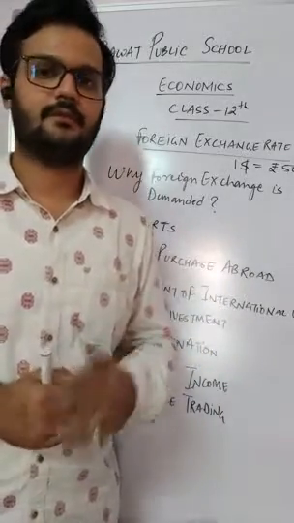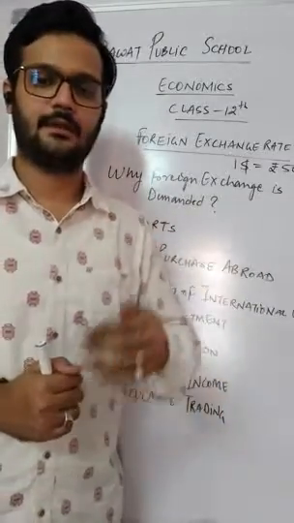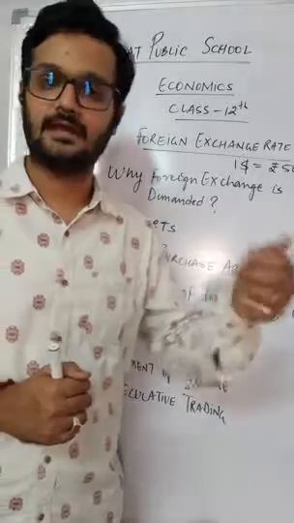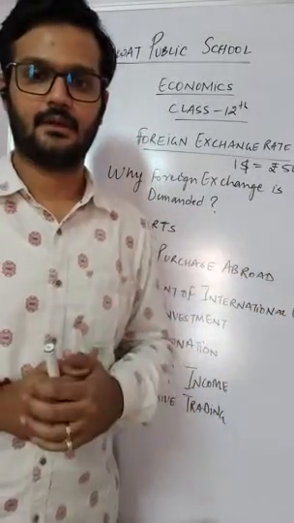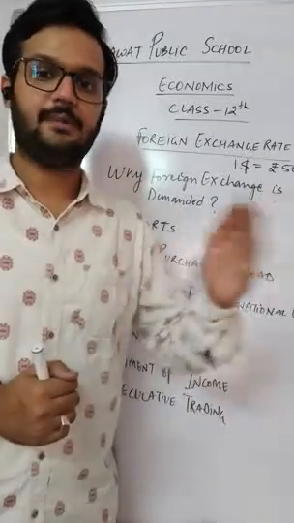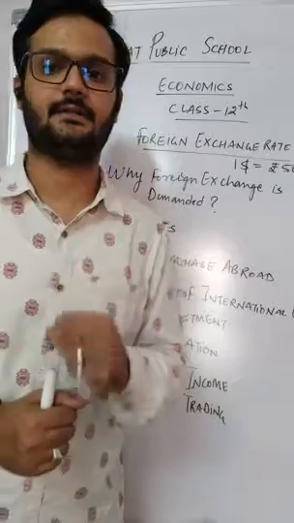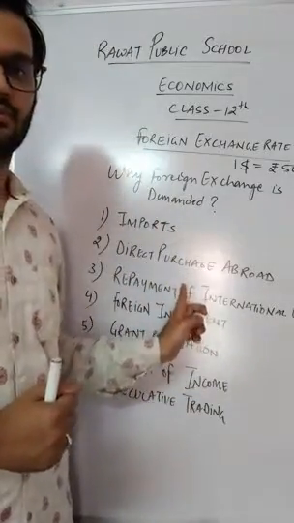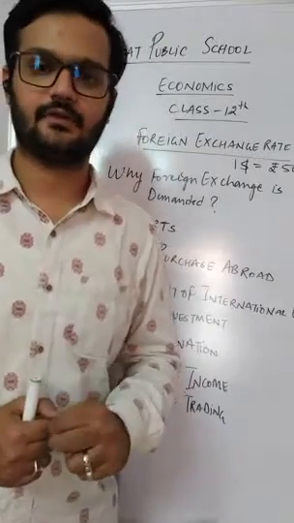So for different purposes we visit different countries, and if we go there and consume their goods, buy their goods, consume their services, we have to pay. So that payment is direct purchases from abroad. That is our second source of foreign exchange demand, direct purchases from abroad.